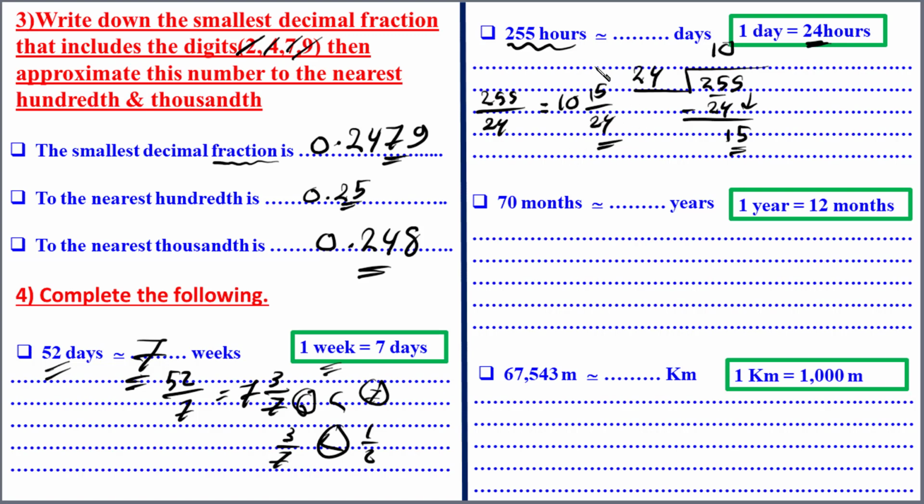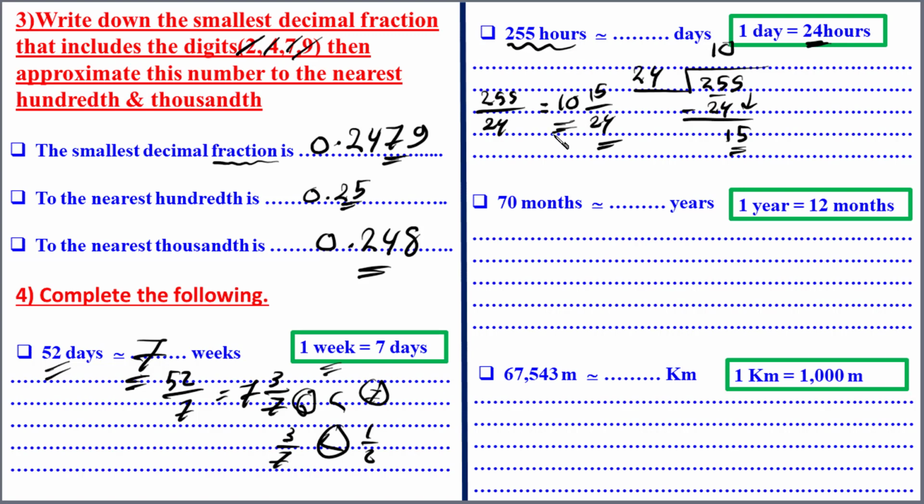By your eye, is this fraction, 15 over 24, greater than 1/2 or less than 1/2? Yes, it's greater than 1/2. Why? Because 15 hours over 24 hours, 15 is greater than 12, because 12 is half a day.